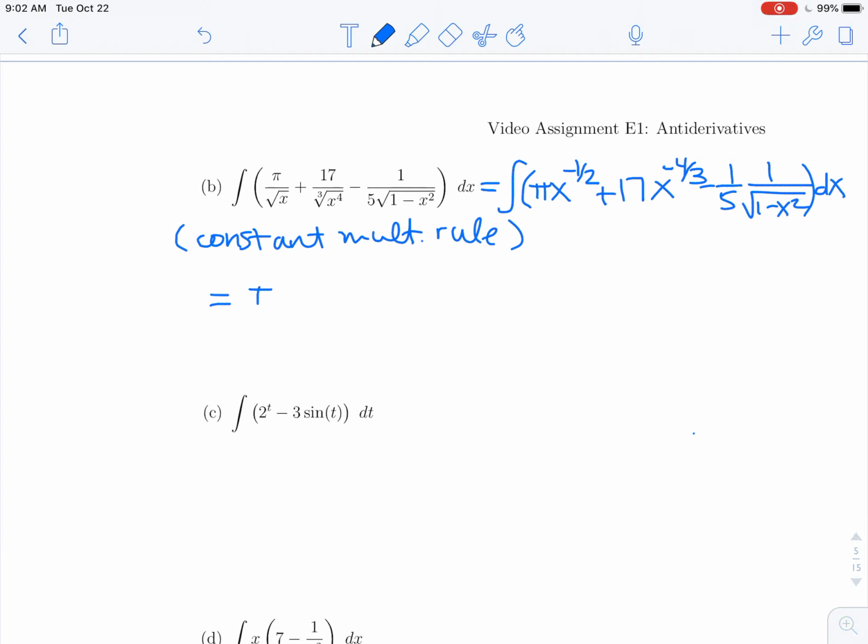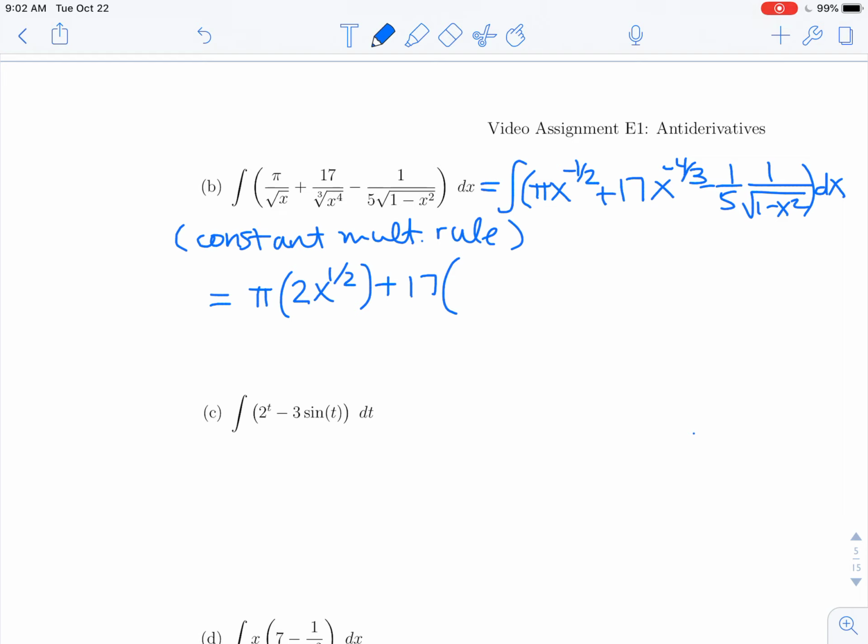So we'll do pi, and then when we do the indefinite integral or anti-differentiate x to the negative 1/2, we get 2 times x to the positive 1/2 because of the power rule for indefinite integrals, plus 17.